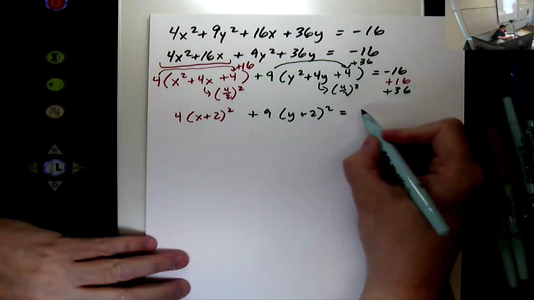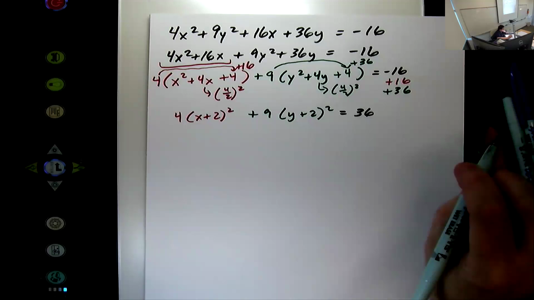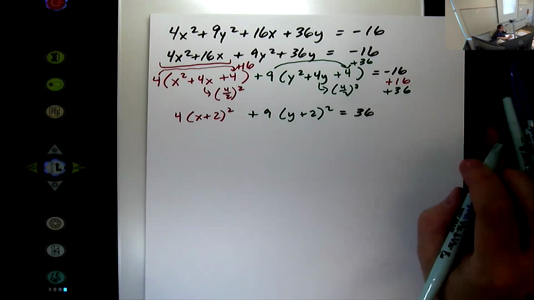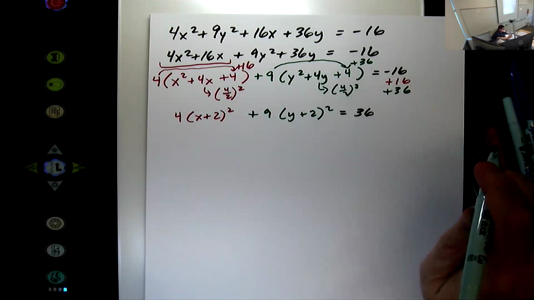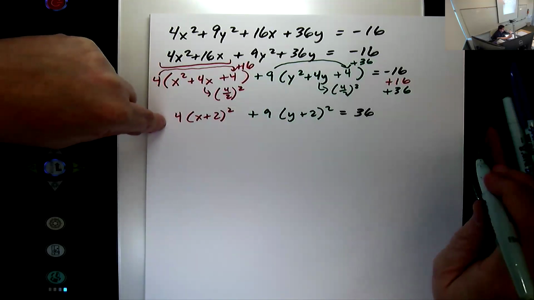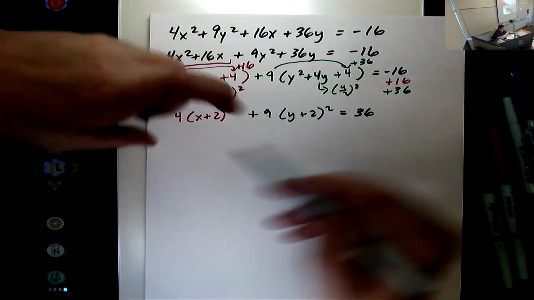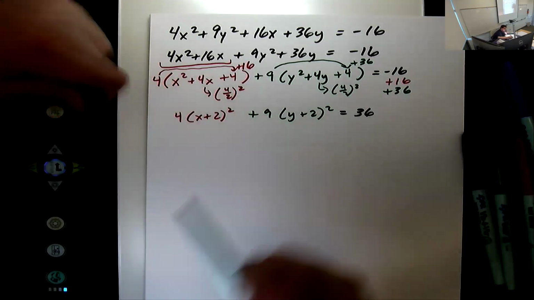And the right side ends up being 36. Now since I see the coefficients are different, I know I'm going to have an ellipse, which means I want the right hand side to equal 1. So we're going to divide everything by that 36.